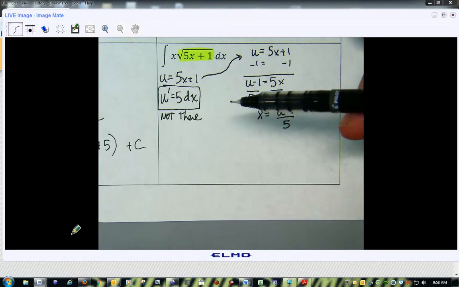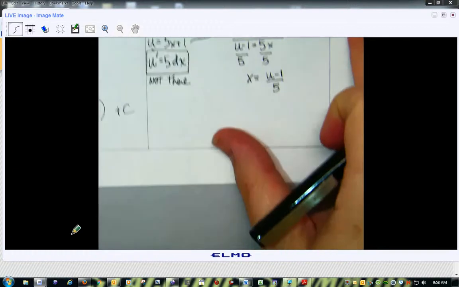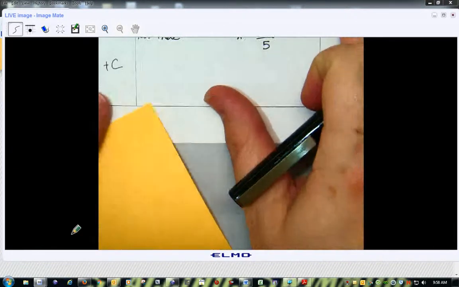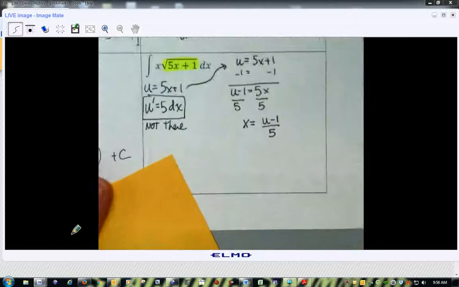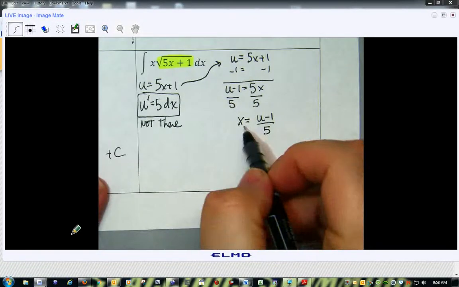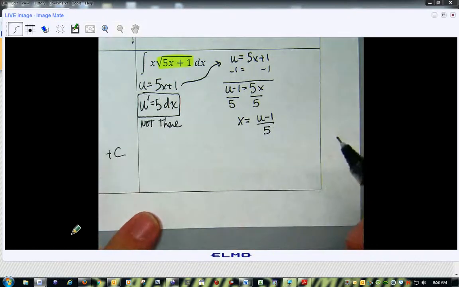So in order to change all my x's into u's, that's the whole idea with u substitution, is to get rid of all the x's and put them in terms of u's. If there's that extra x that's sitting outside like this, then what I need to do is come up with, all right, x is equal to u minus 1 over 5.